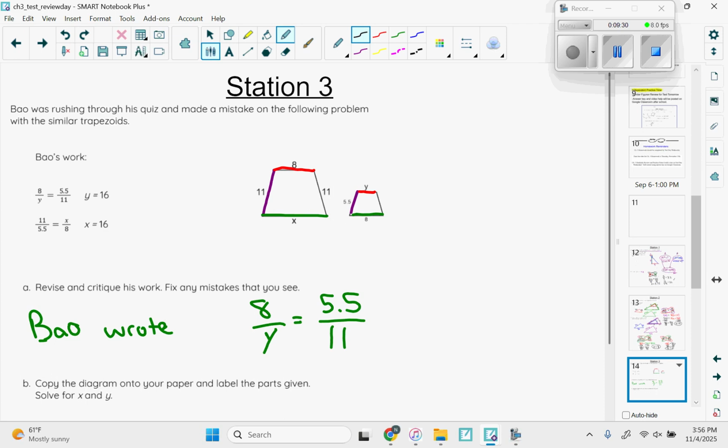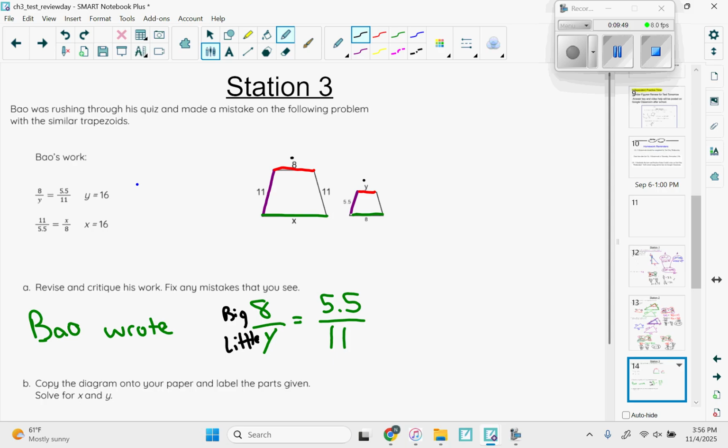So what the problem is, for his first ratio, 8 over y, he went the big trapezoid over the little trapezoid, right? 8 is big trapezoid, y is on the little trapezoid.